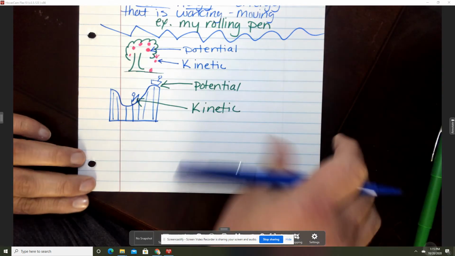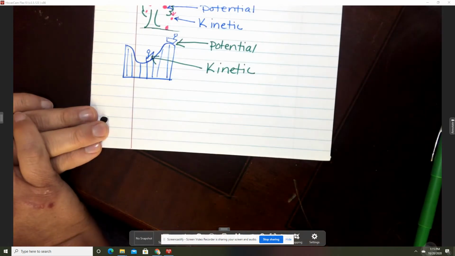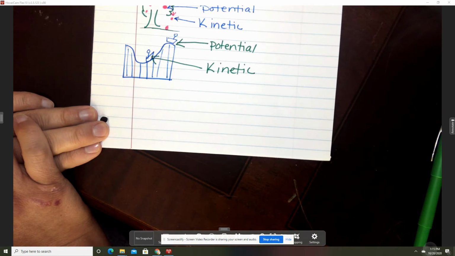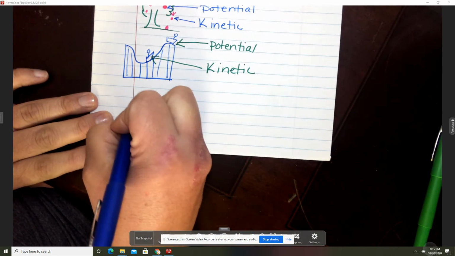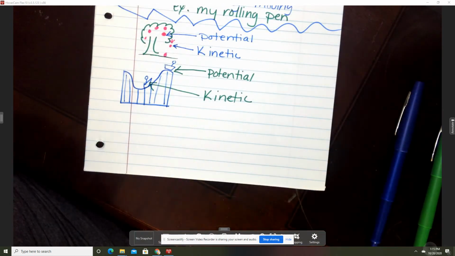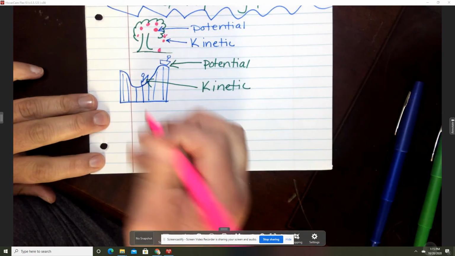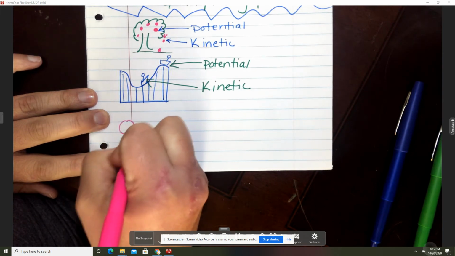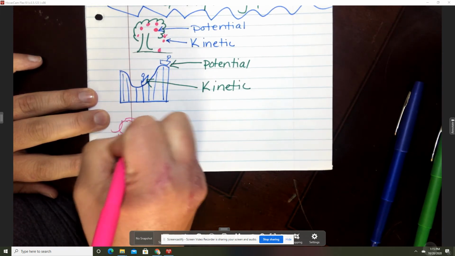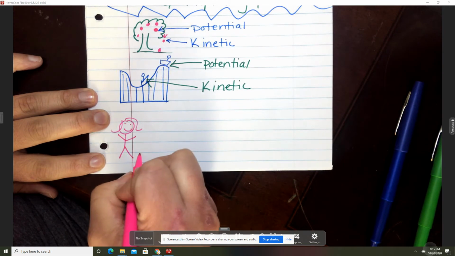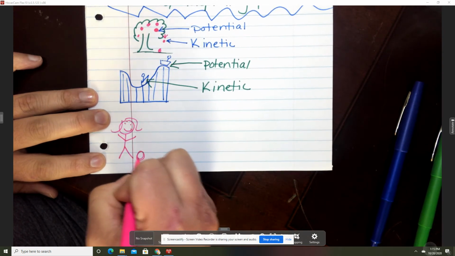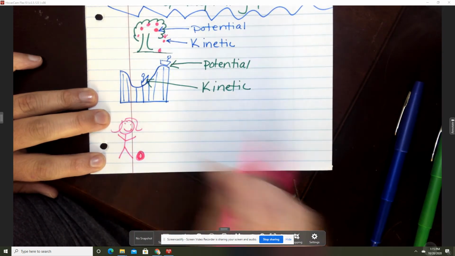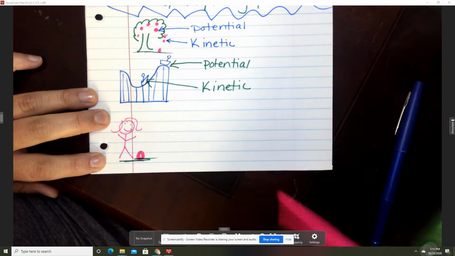All right, and then one more. What about a ball? I don't know how I'm going to draw this. Okay, so here's the person. Here's this ball, it's just sitting on the ground.